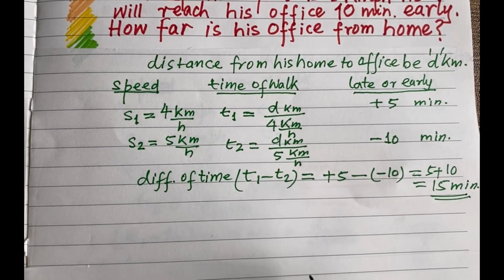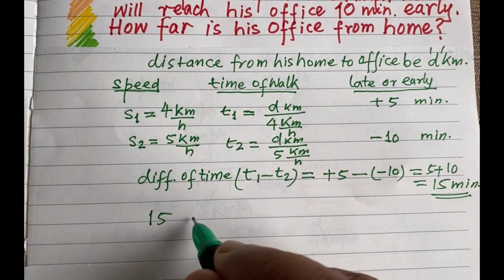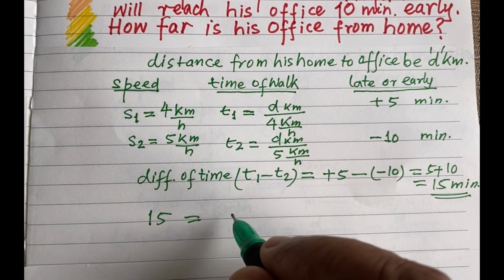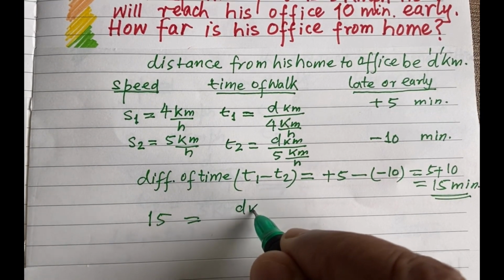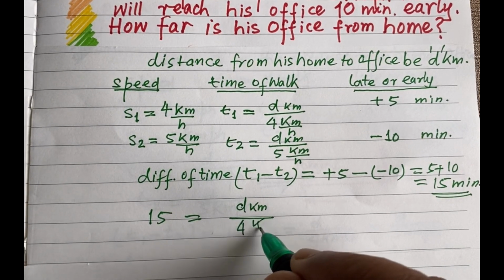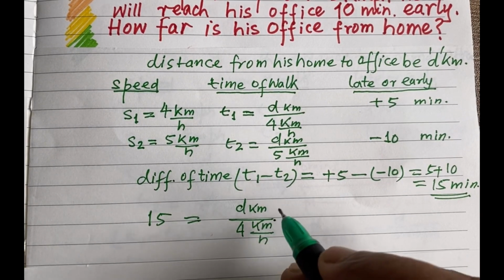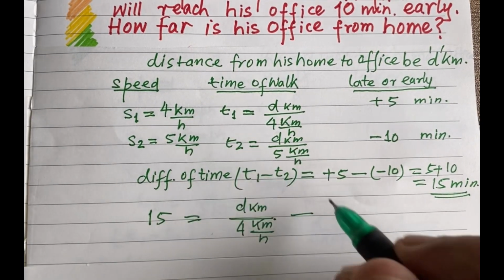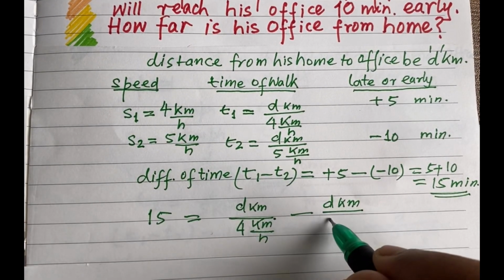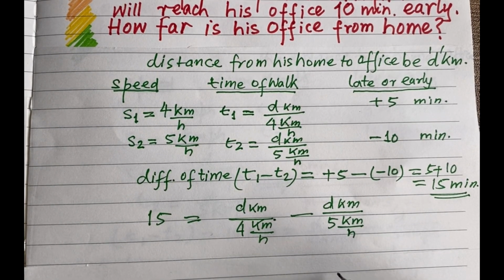Okay, so the time difference is 15 minutes, and this time difference of 15 minutes is equal to t1 minus t2. So t1 is d kilometers divided by 4 km per hour, minus t2, which is d kilometers divided by 5 km per hour.